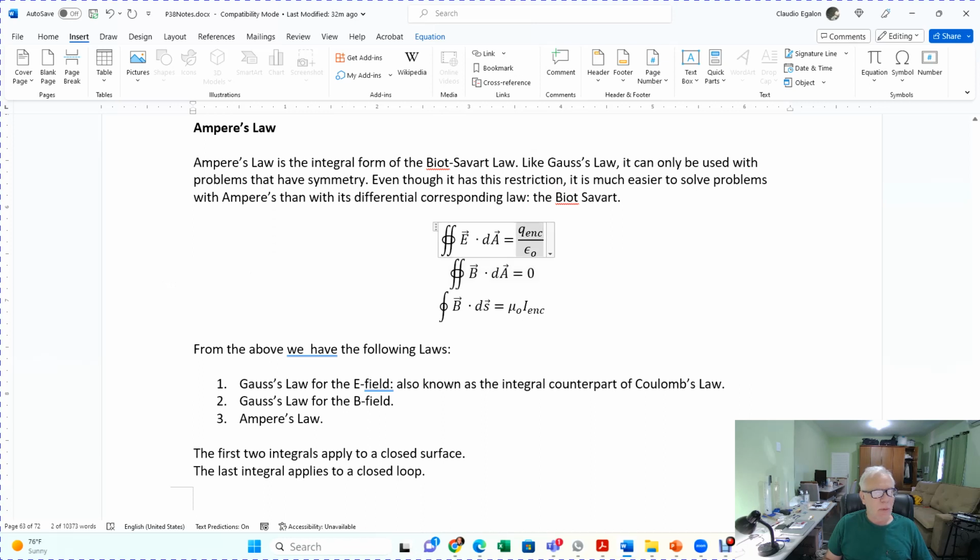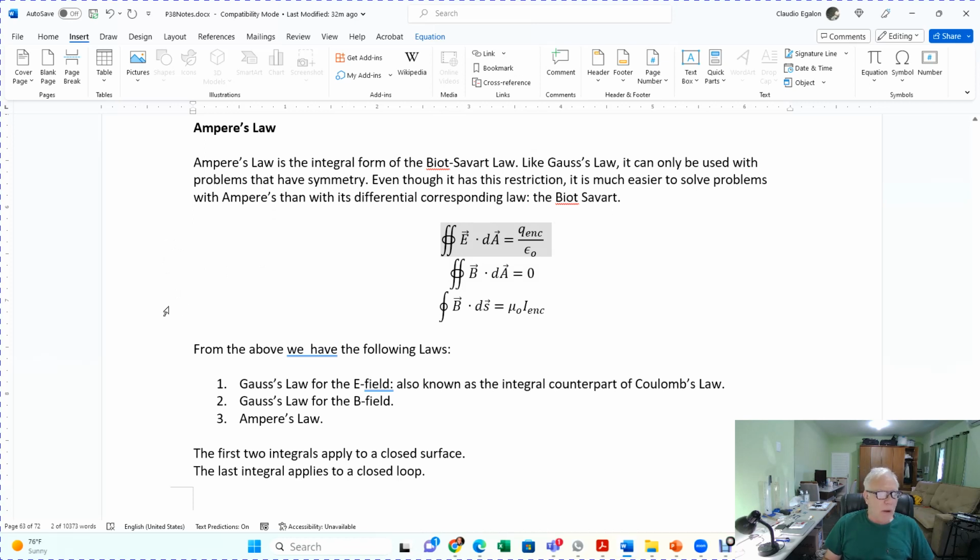But instead of Q enclosed over epsilon naught, you have a zero on the other side. Remember that. What this law states is that there are no magnetic monopoles, no sources and sinks for the magnetic field, unlike the electric field.